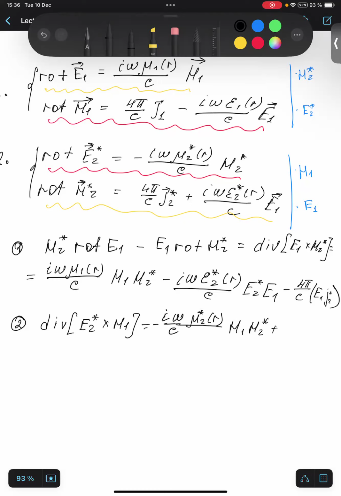Conjugated plus omega epsilon 1 r over c, E1 conjugated, minus the current term conjugated, v1.